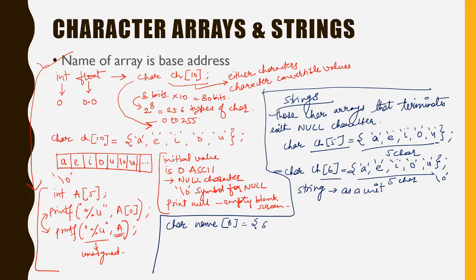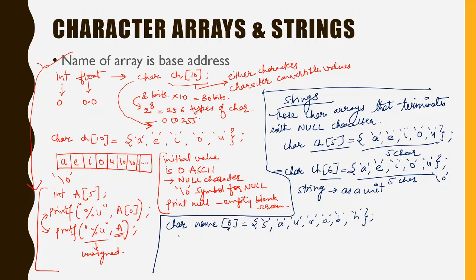Taking my own name, S, a, u, r, a, b, h, I will write this, and automatically seven places are taken, and the eighth element would directly be taken as the null character. That makes this character array a string.